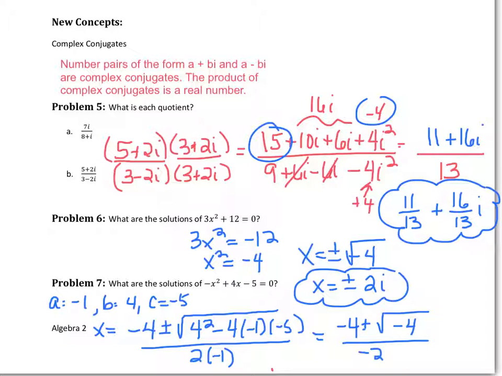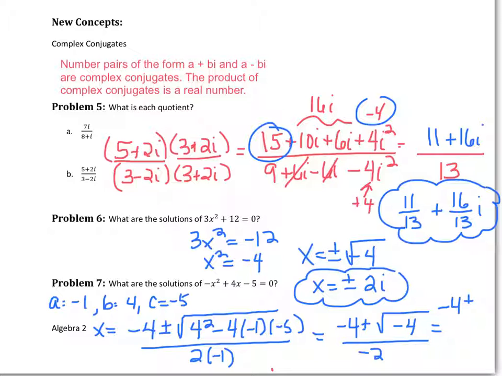All right, now look at what's happening there. We've got the square root of negative 4, and in the past we've said that's not something we can do, but now what we can do is take the square root of 4, which is 2, and then the square root of negative 1 is i.